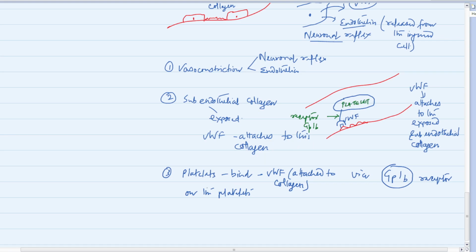The platelets bind to the von Willebrand factor via this receptor present on the platelets. Then what happens? This binding results in the platelets undergoing conformational changes.